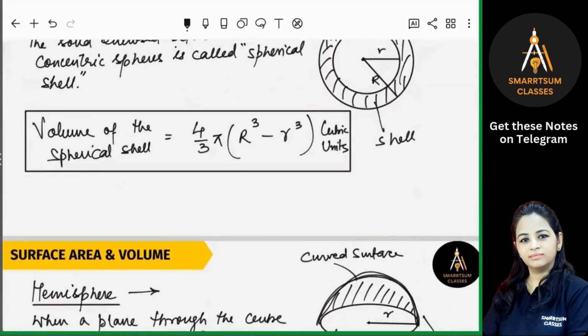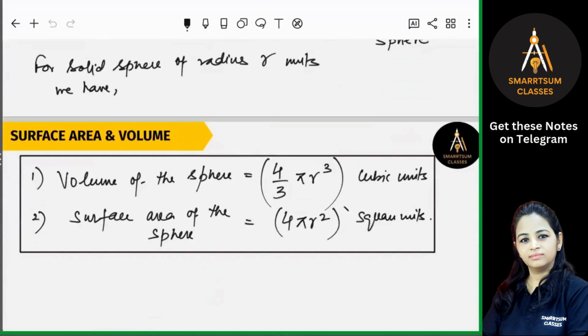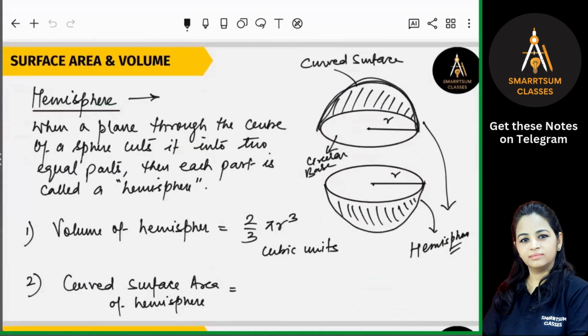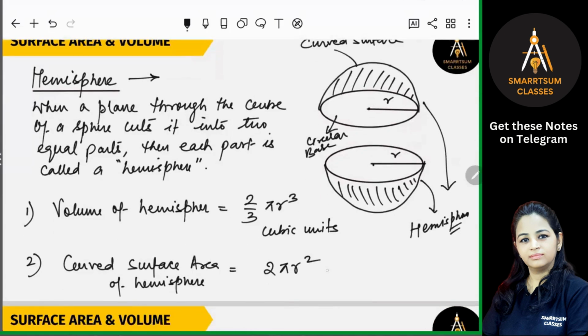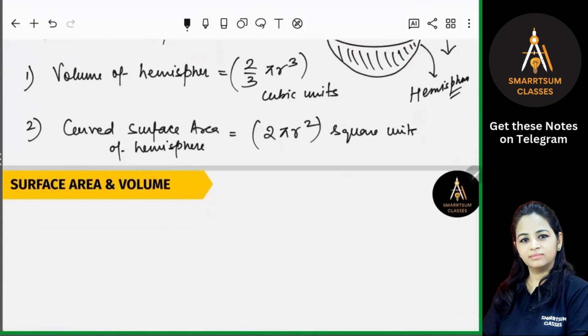The surface area of the sphere is 4 pi r square. If you divide this by 2, you get 2 pi r square, which is the curved surface area of the hemisphere. Is that clear? So this is 2 pi r square units.